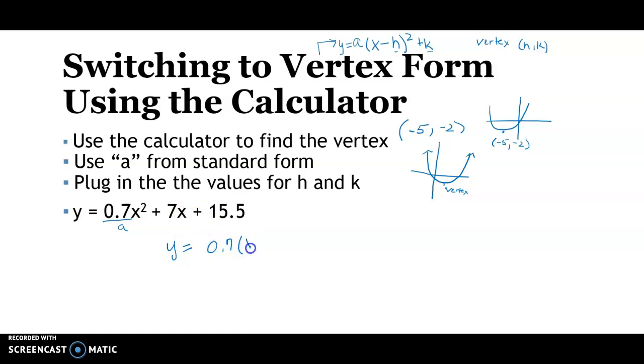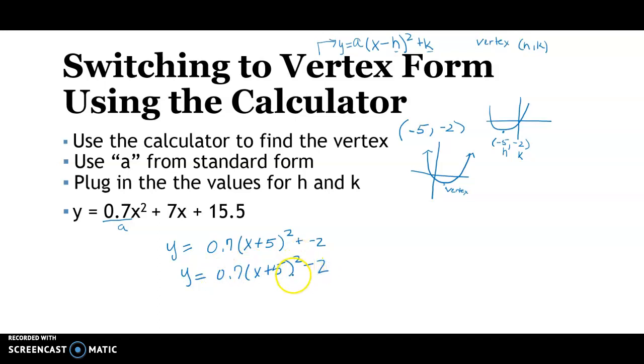Inside my parentheses I have x, and then I'm looking here, this is my h, this is my k, and I know that there's a sign change, so plus 5, quantity squared, and then we have either plus a negative 2, or you don't have to do the double sign there, y equals 0.7, x plus 5, quantity squared minus 2.